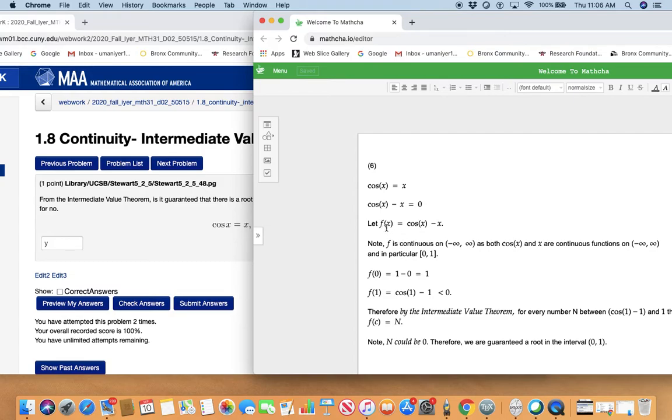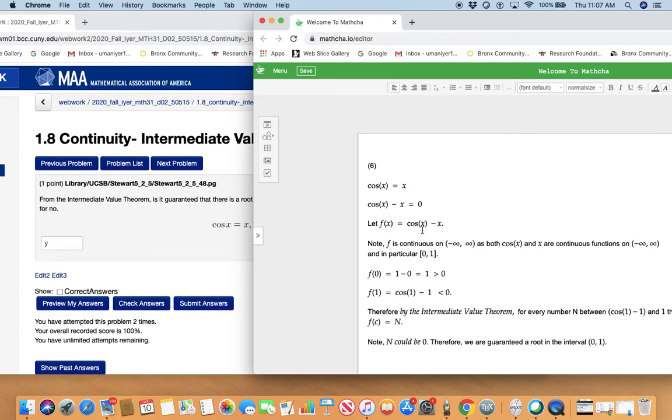What happens to f at 0? Plug in 0. Cosine 0 is 1, x is 0, 1 minus 0 is 1, which is a positive number. On the other hand, if I plug in 1, I get cosine 1 minus 1. You can check using your calculator or even logically.